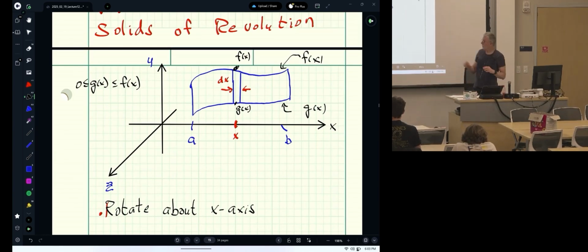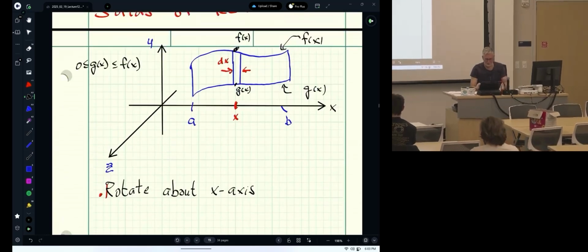Okay, so let's do the x-axis. Let's take just that rectangle and rotate it about the x-axis. So the top point traces out this. What is it called? Circle. Yes.